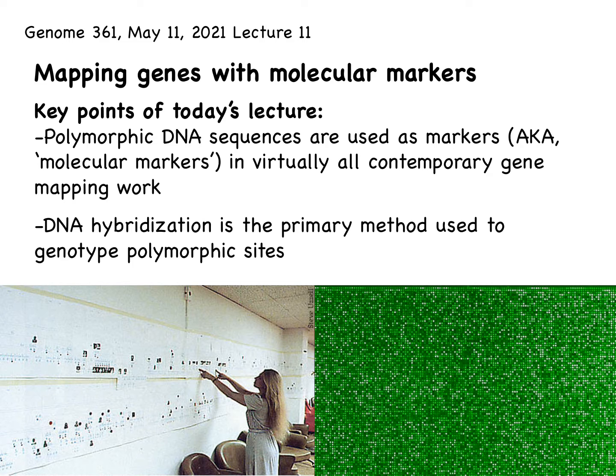Once you map the location of a gene, you can ultimately use that information to identify the gene. I'll illustrate that principle on the next slide, and then we'll go through the techniques involved in genotyping molecular markers, and then how you can use molecular markers to map genes. We'll go through some of that logic as well.